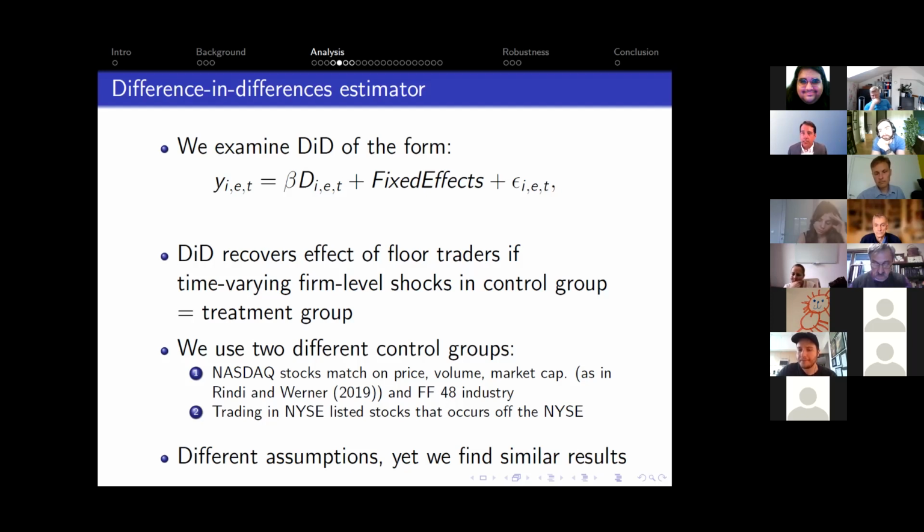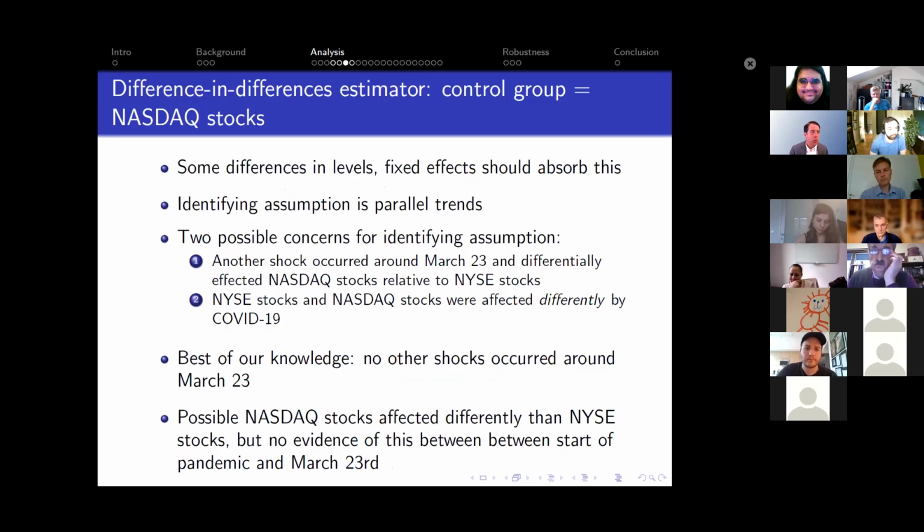In the second case, think about me comparing trading in GE that's executed on the NYSE to trading in GE that's executed on the same day and same everything, except it's executed on BATS or NASDAQ, right? And we're going to look for differentials in liquidity there before versus after the closing of the NYSE floor. Okay, so the identifying assumption here, of course, is parallel trends. I'll show you some pictures that I think look pretty good.